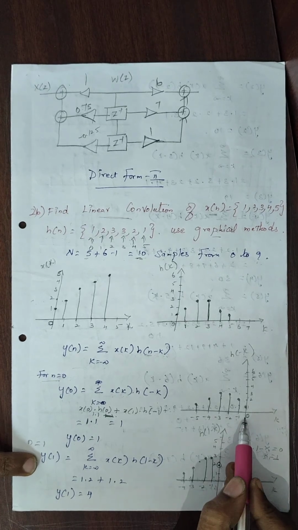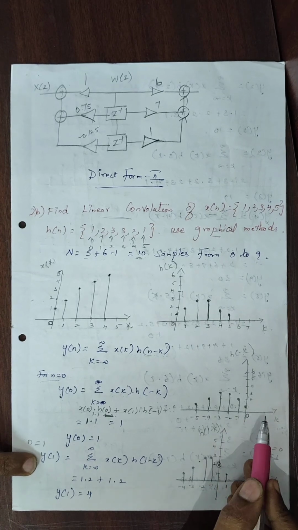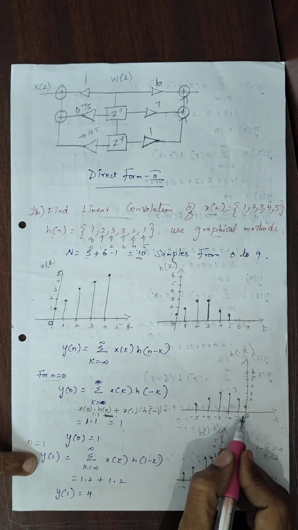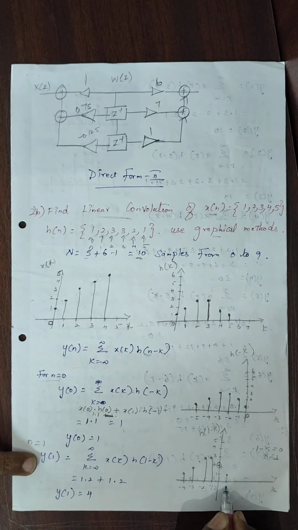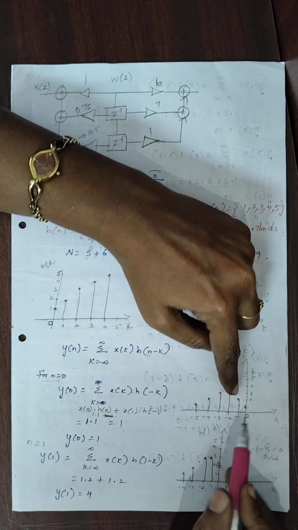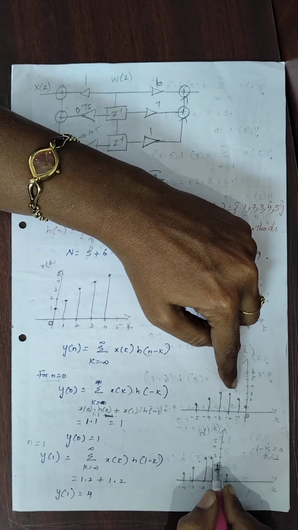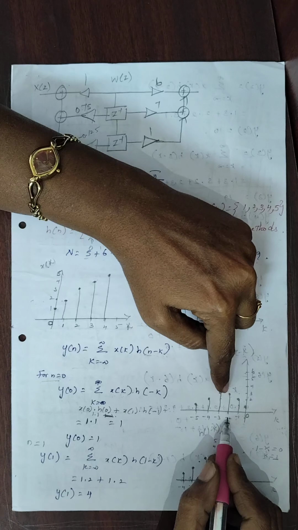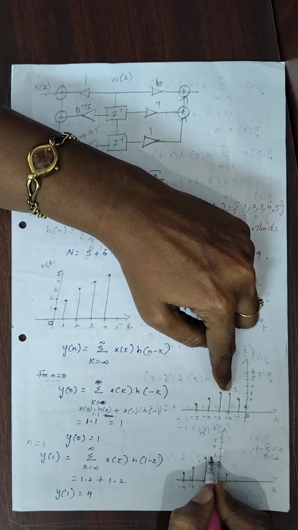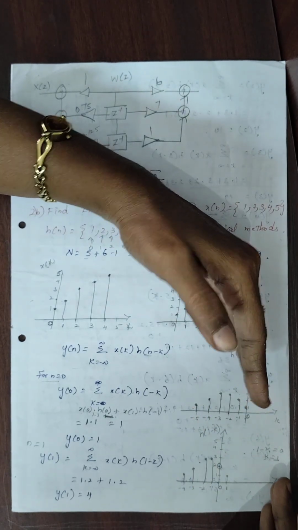For 0 the amplitude is 1, for 1 the amplitude is 1, for minus 1 the amplitude is 2, so for 0 the amplitude is 2, and for minus 2 the amplitude is 3, so minus 1 the amplitude is 3. Likewise, 1 time shifting towards the positive side.